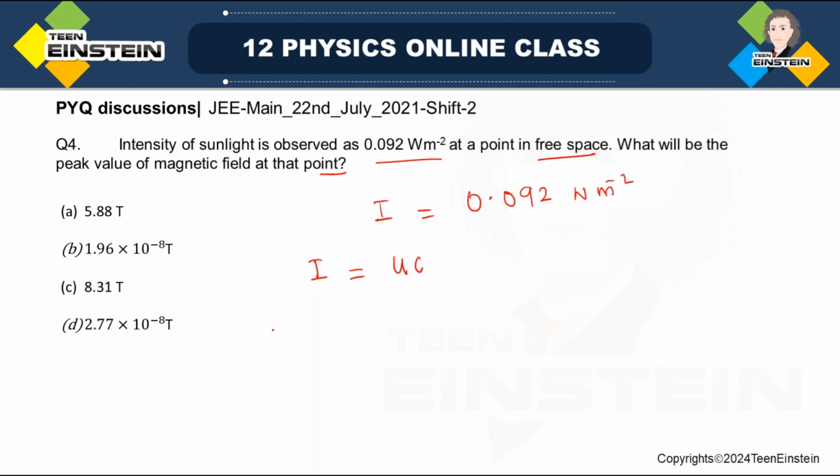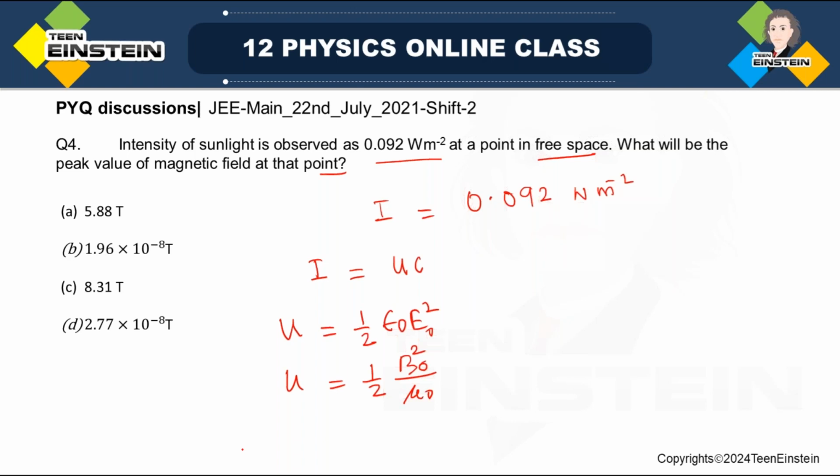That means you need to write U is equal to either half epsilon naught E square, which is the electric energy density, or if you need to find out B, then you have to write half B naught square by mu naught.